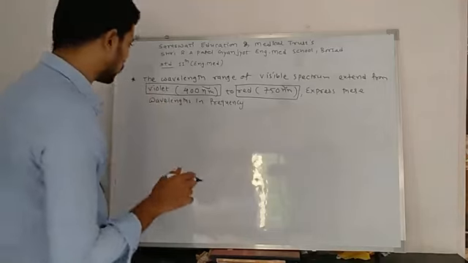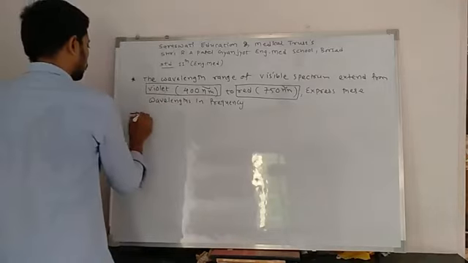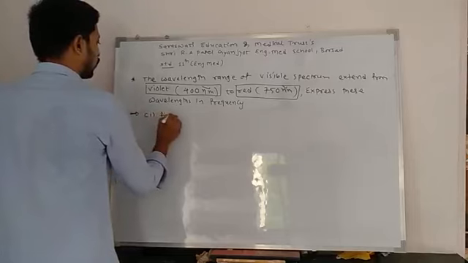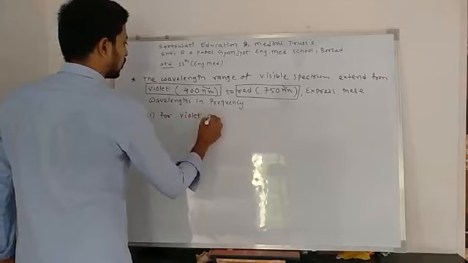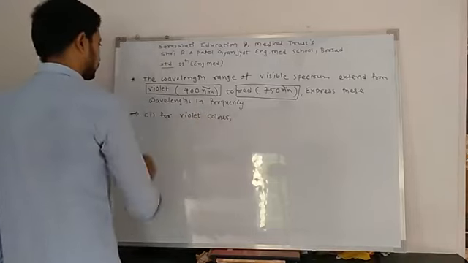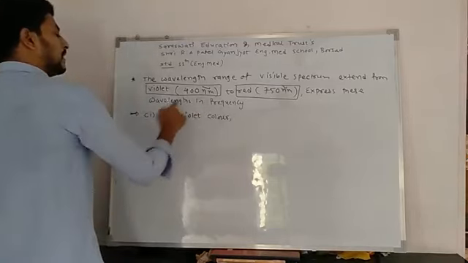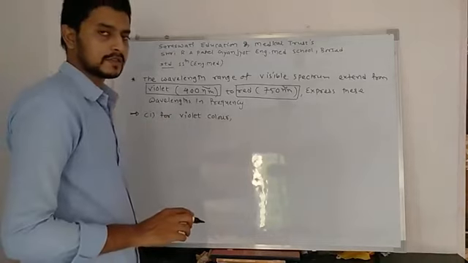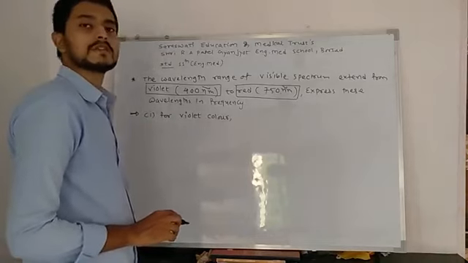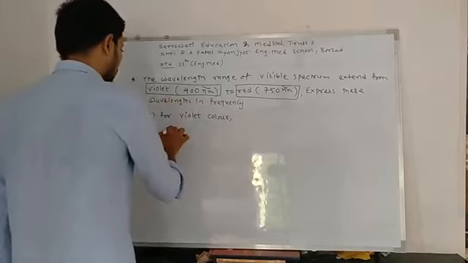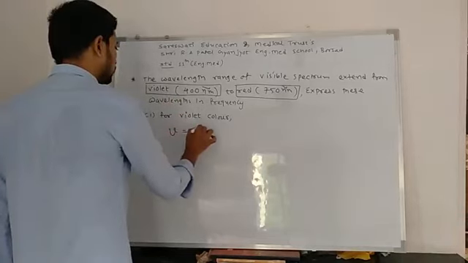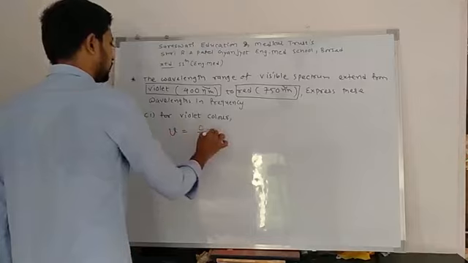On the basis of this, we can write for number 1, violet coloration: what is the equation of frequency? We know that frequency nu is equal to C upon lambda.